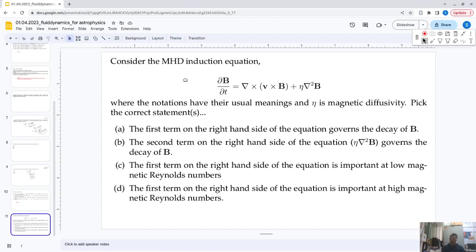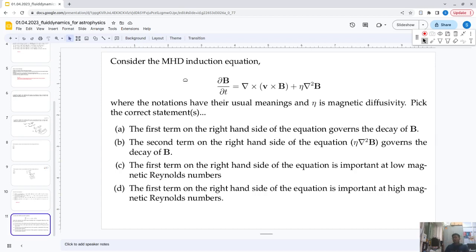The first one is the curl of V cross B, which is the magnetic advection term, and it tells us that magnetic flux should remain conserved as the magnetic field changes with time, right? So that means del B by del t equals the curl of V cross B. It basically gives you that the change in the magnetic field with time depends upon the magnetic flux, right? That is the magnetic flux conservation theorem.